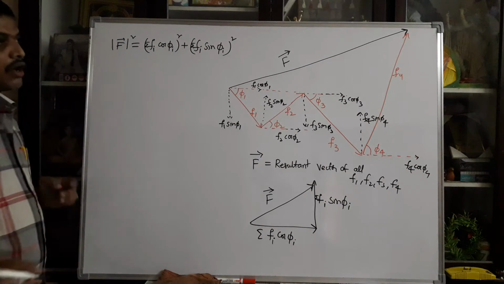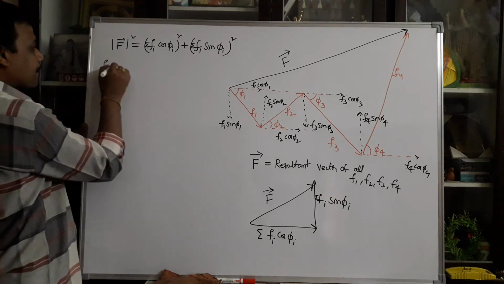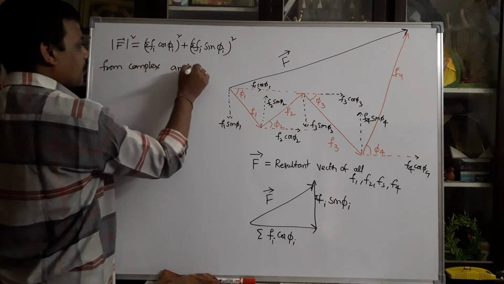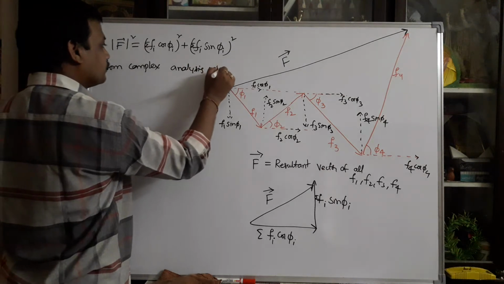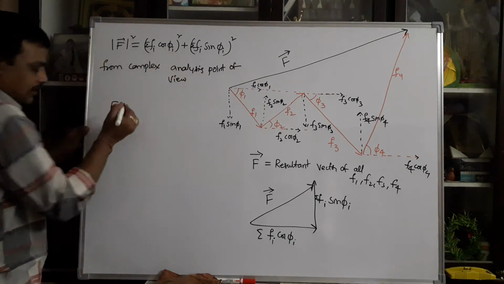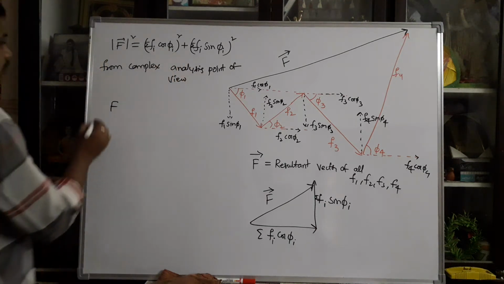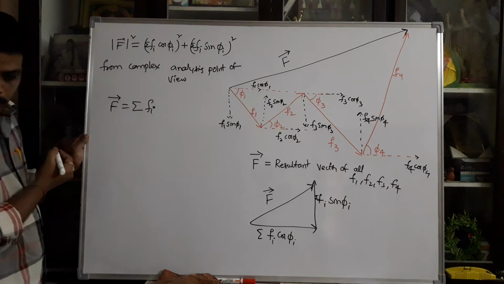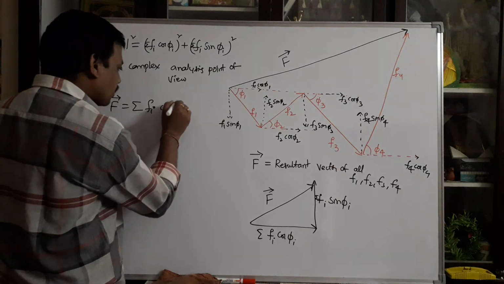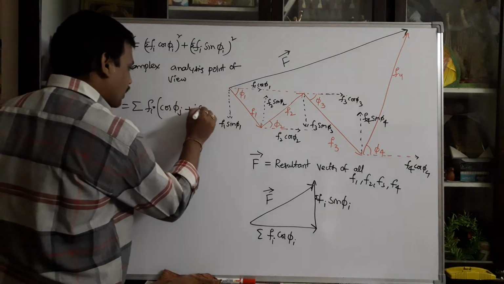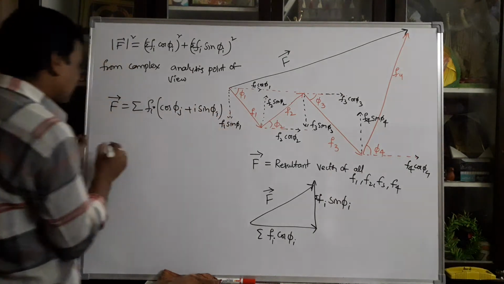From the complex analysis point of view, it can be represented as F bar is equal to sigma fi into cos phi j plus i into sin phi j.